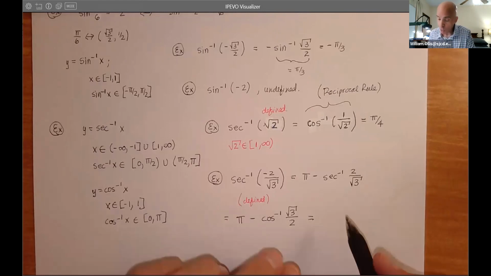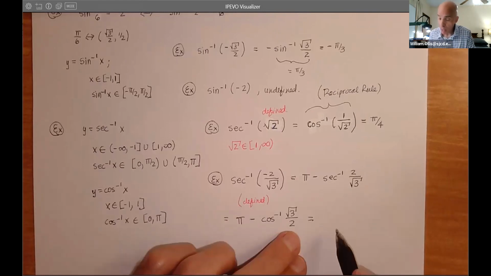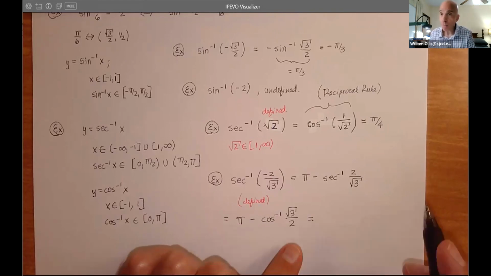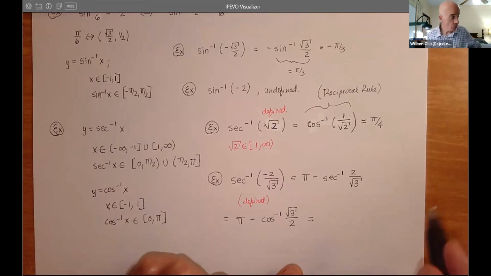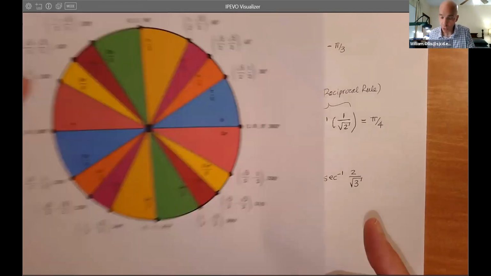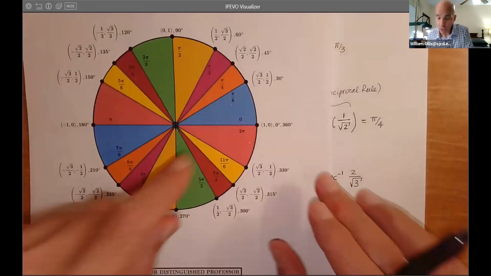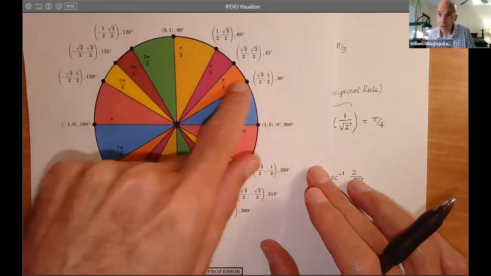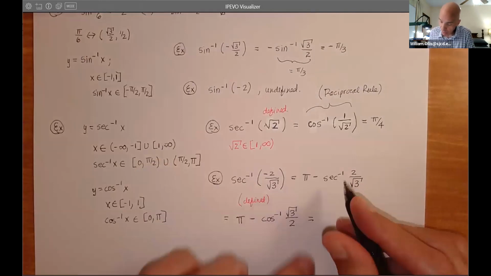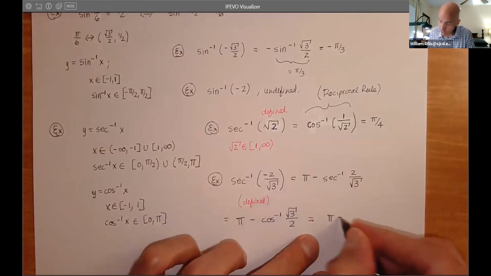So now we can work the unit circle backwards. So we think of root 3 over 2 in the first quadrant. That's pi over 6. So again, let's go back to the trusty Professor Ron unit circle. So we have root 3 over 2. We go backwards to pi over 6. So this gives us pi minus pi over 6.